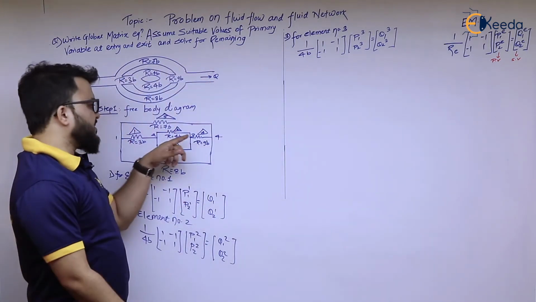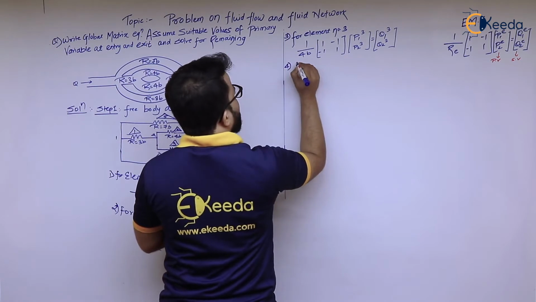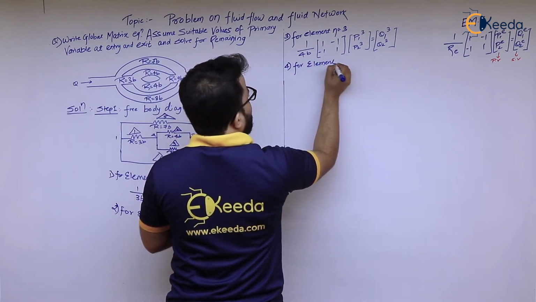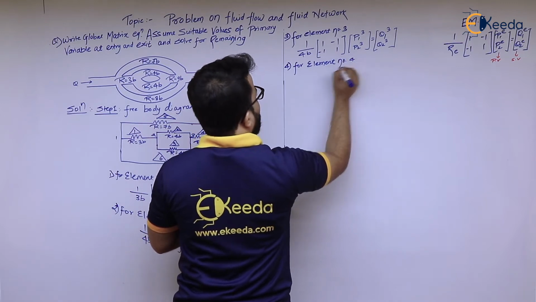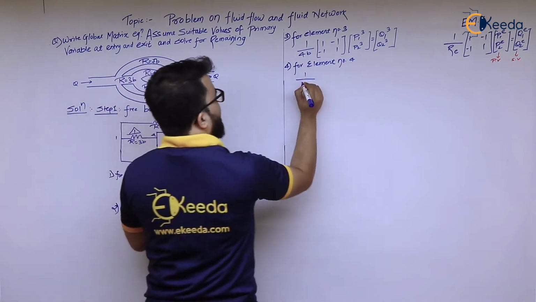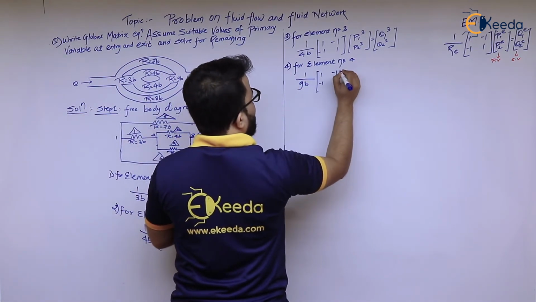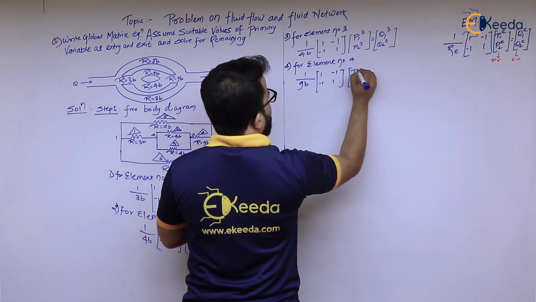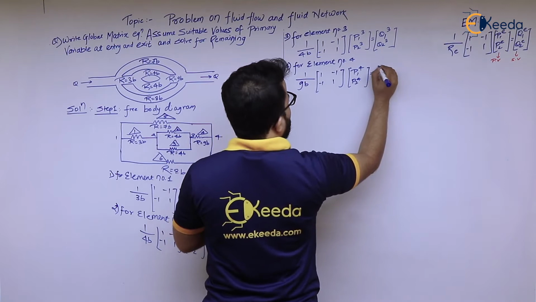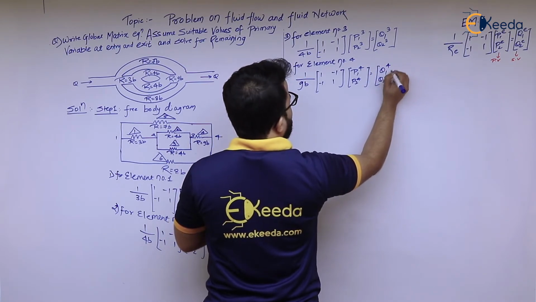Same thing for element number 4, where R is 9B: 1 upon 9B [1 -1; -1 1] into P1 4, P2 4 equals Q1 4, Q2 4.